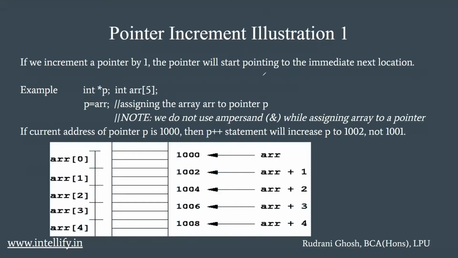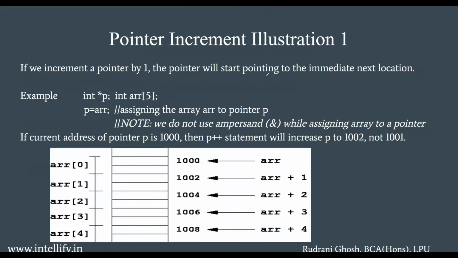Now let's see this through a diagrammatic representation. If we increment a pointer by 1, the pointer will start pointing to the immediate next location. That means if the pointer is at P, the next address will be P plus 1. We have taken an integer pointer P and an integer array of 5 elements, ARR.